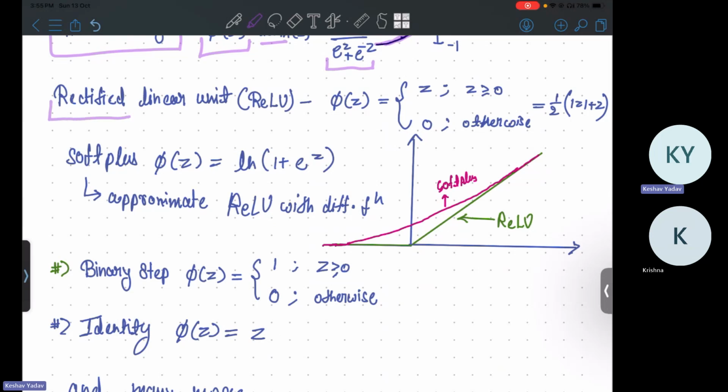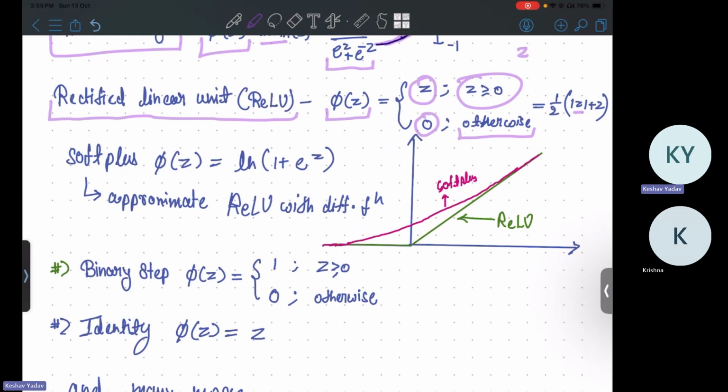Now another type is the rectified linear unit, ReLU, where phi of z is equal to z when z is greater than or equal to 0, and equal to 0 otherwise, when it is less than 0. It can also be represented as 1 by 2 times mod of z plus z.